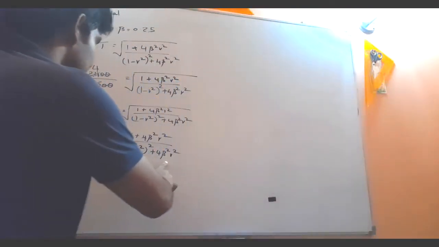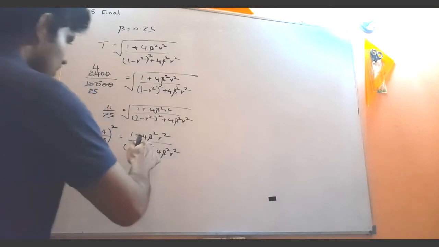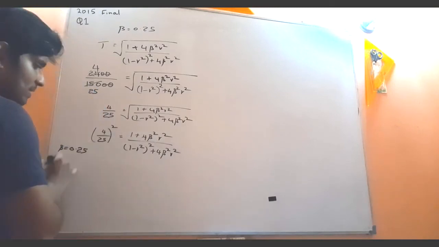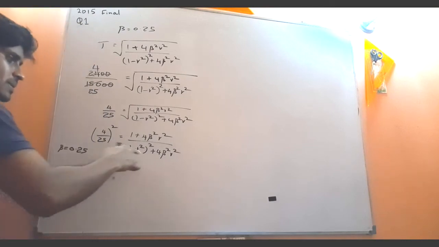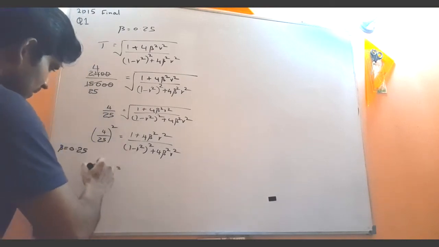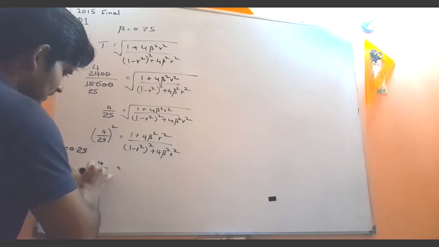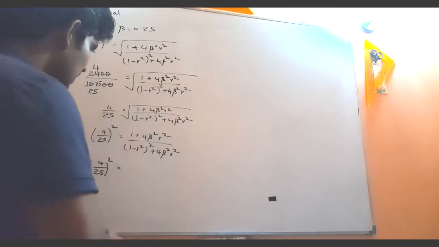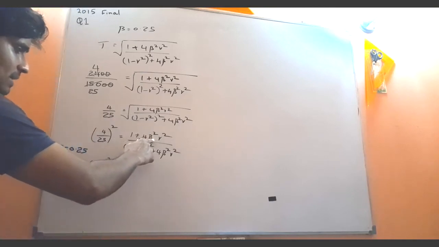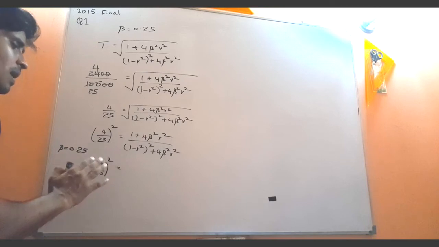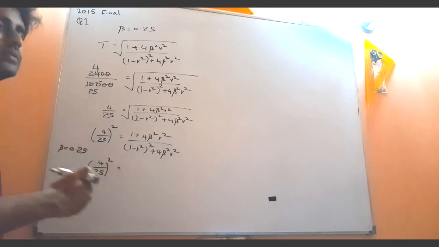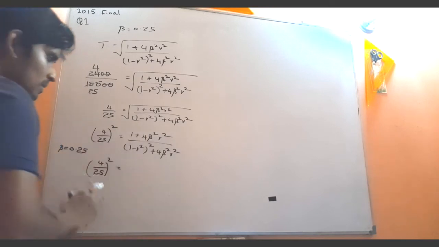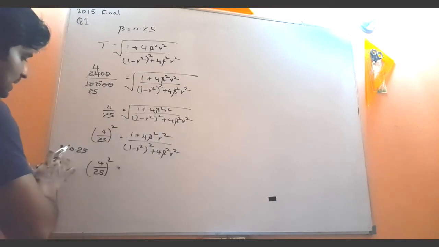This beta is given. What is beta? Beta is 0.25, right? So now you can put the values. Here it is 4 divided by 25 whole thing squared. Be careful: 4 times beta squared times r squared. R squared you can keep like that because r you don't know, you have to find it by using this formula. 4 times beta squared, beta is 0.25.